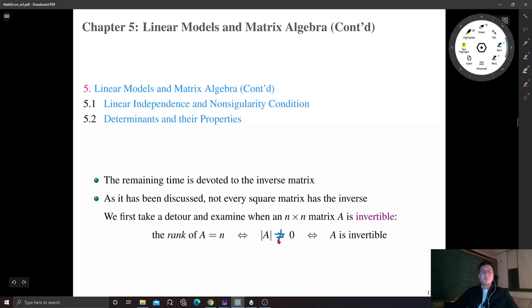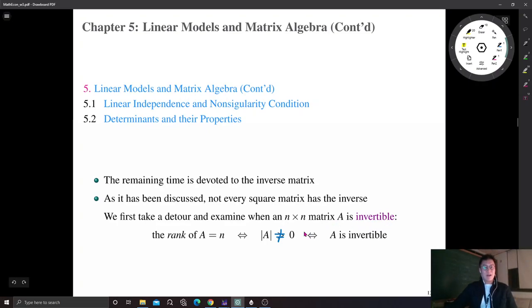Under either of these two conditions, matrix A has an inverse matrix. So for the system of linear equations with matrix A as the coefficient matrix, we have a uniquely determined solution.